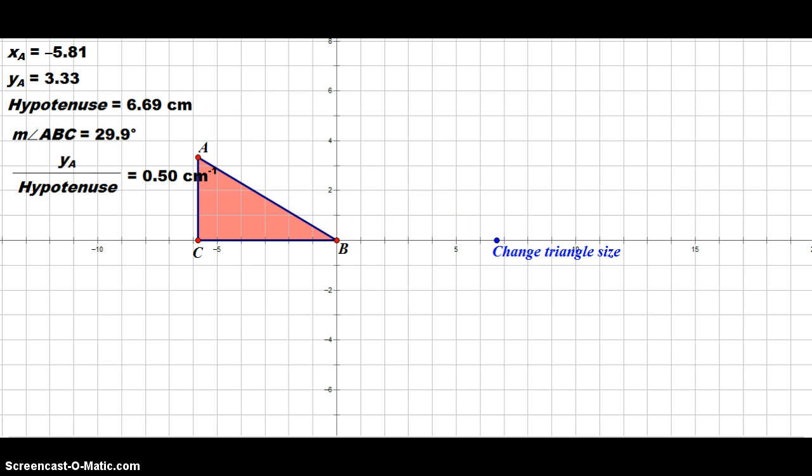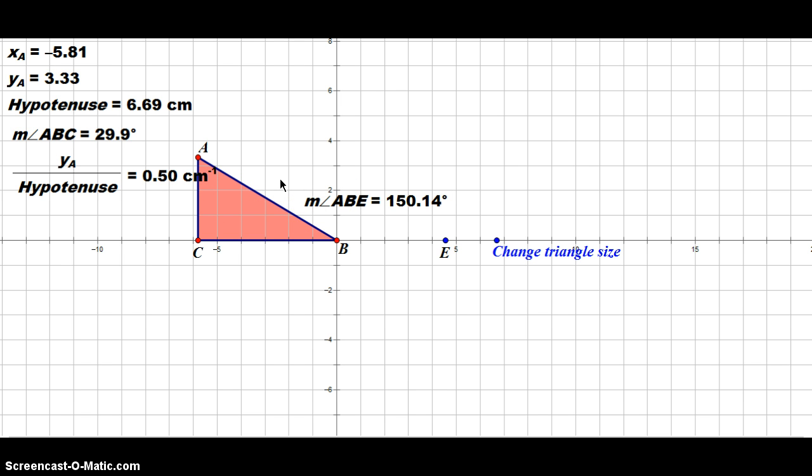I can place a point on the x-axis and actually measure that if I want. So I'm going to measure A, B, and this point I just dropped on the x-axis. I'm going to go to measure angle, and you can see it's about 150. So the angle in standard position is 150 degrees. The related acute angle is 30 degrees.